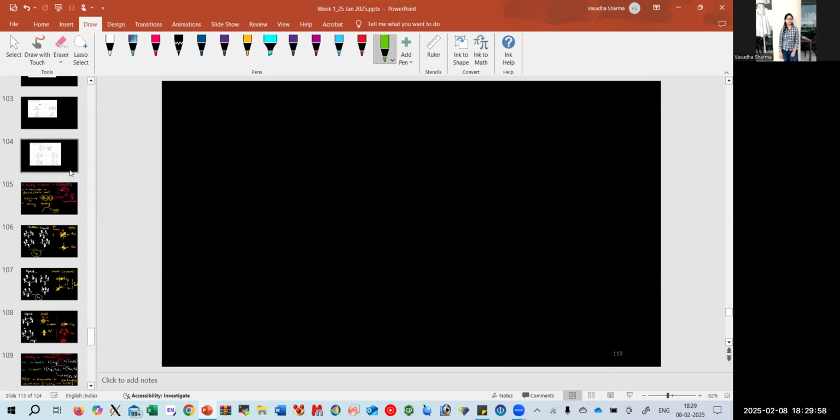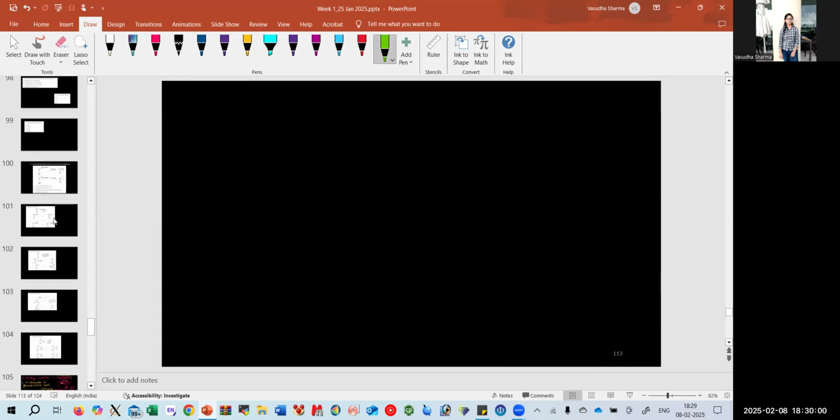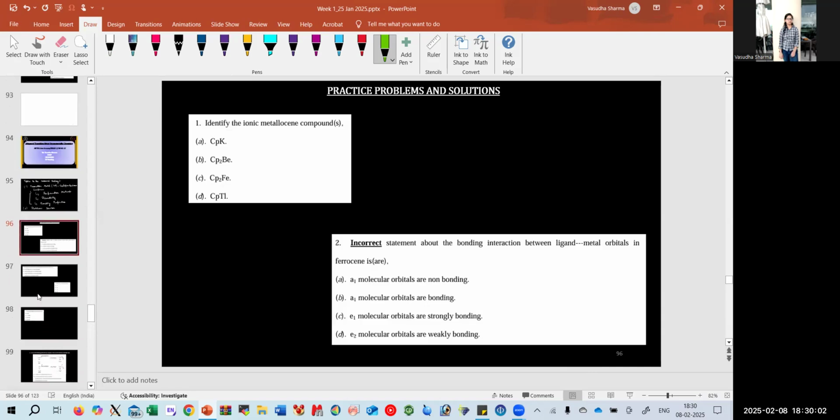For example, we can show the chart here where we know how the bonding takes place.